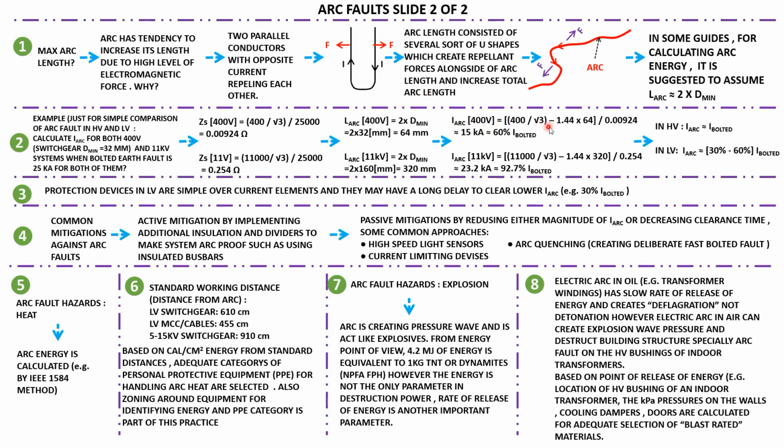So now we're calculating I arc using the Lewis-Blackburn equation: 400 volt phase minus arc voltage with 64 millimeter arc length, divided by source impedance. Then we see that in 400 volt, the I arc is reduced from the bolted fault of 25 kA to 15 kA, which is a 40% reduction, or 60% of the bolted short circuit.